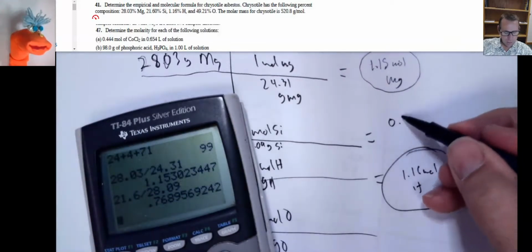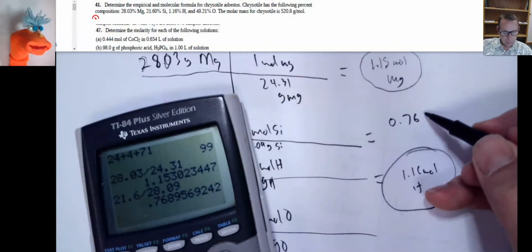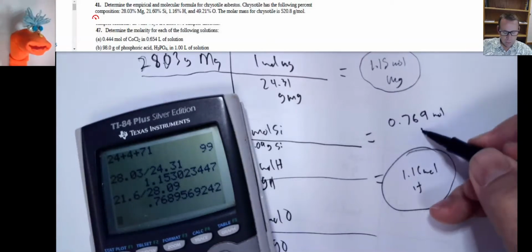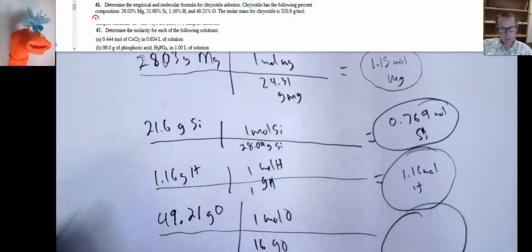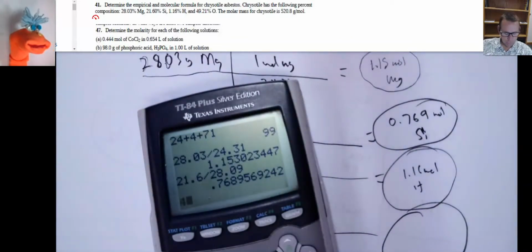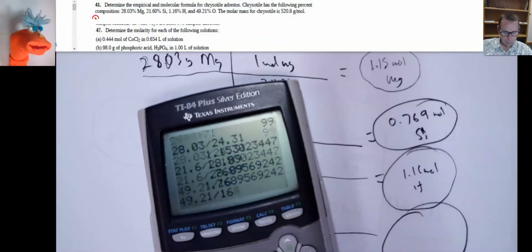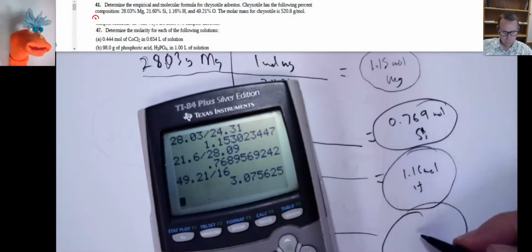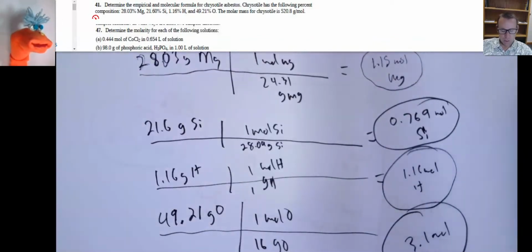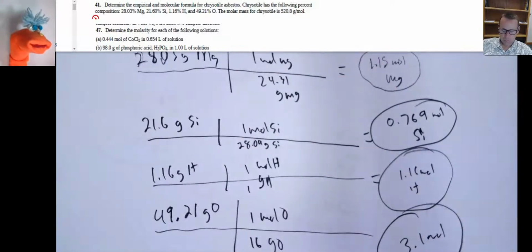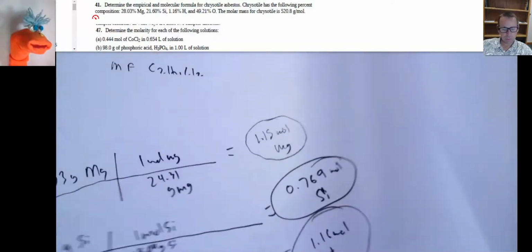So we got 0.769 moles of silicon. We did hydrogen already. It was just 1, right? So 1.16. 49.21 divided by 16. Okay. That's 3.1 moles of, what was this last one? Oxygen. Okay, so with those values, we can find an empirical formula.